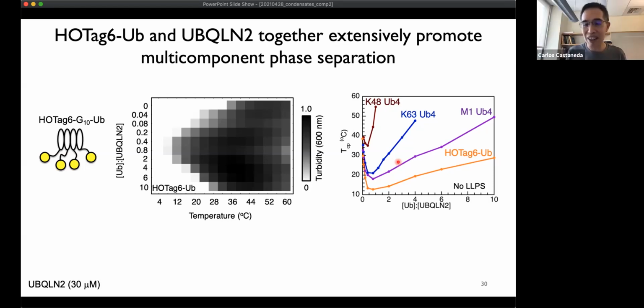Mm-hmm. Right. It's like the next big project is to figure that out. So to answer the second part of your question, that's a really good question: how do the mutations affect how ubiquitin can modulate phase behavior of ubiquilin? I think that's the next thing we're going to do, and we're starting to think about that now, because it's a complicated thing.